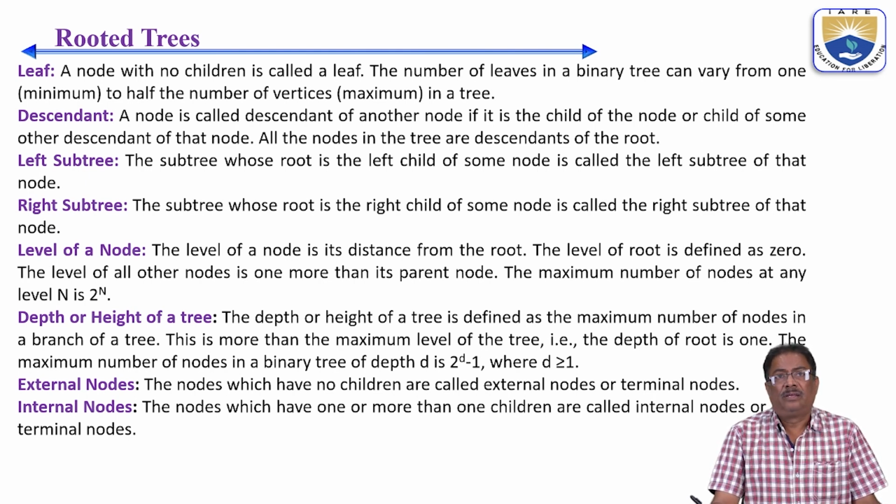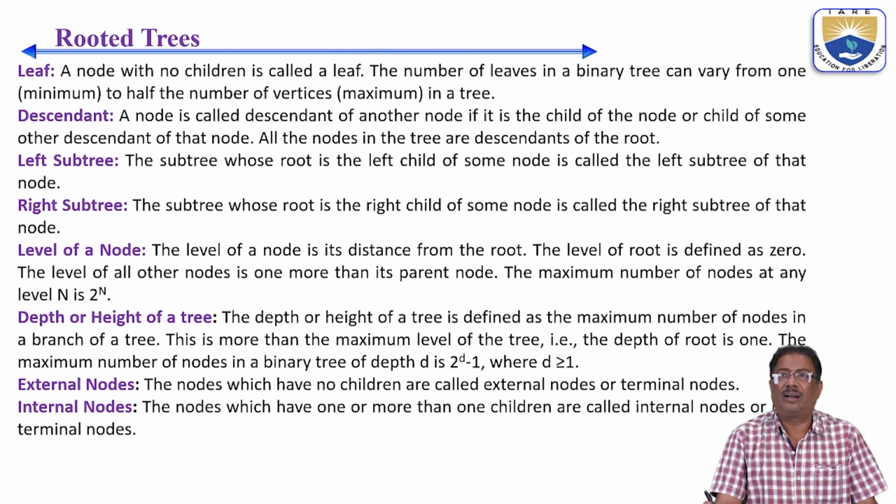Now, what are descendants? A node is called a descendant of another node if it is the child of the node or a child of some other descendant of the node. All the nodes in the tree are descendants of the root node. Left subtree: the subtree whose root is the left child of some node is called the left subtree of the node.